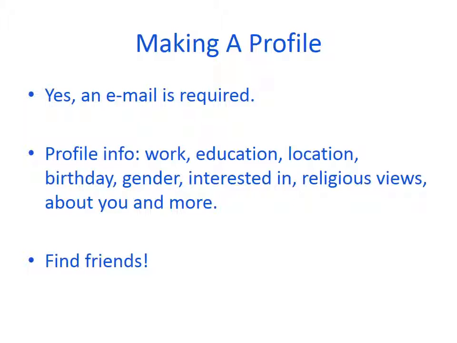This is the direct message. If you have a mobile device, you'll have to get the Messenger app. There's a new app for messaging on mobile devices. And then notifications to your far left, of course, is always the home, your news feed. To your far right is your profile.